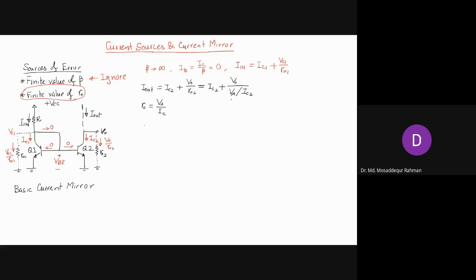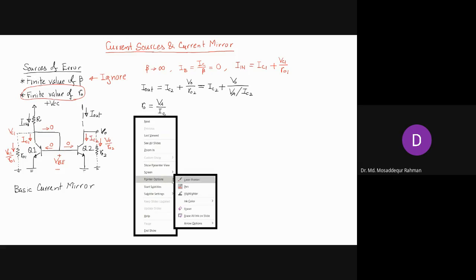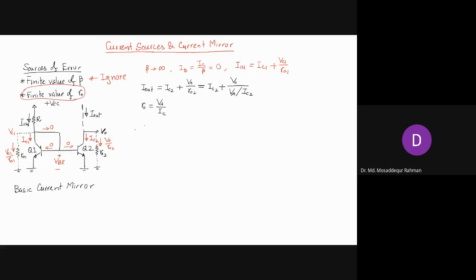Now VA is a constant for a particular transistor, and different transistors can have different values of VA, like the beta value. But here we assume the two transistors are identical: the same emitter cross-sectional areas AE and the same base-to-emitter voltages.